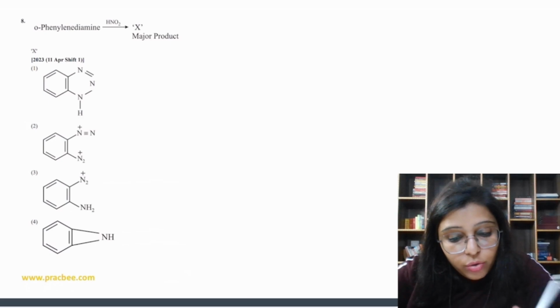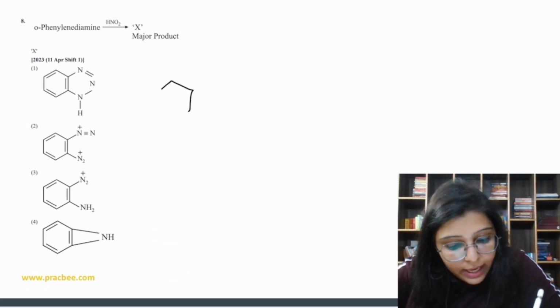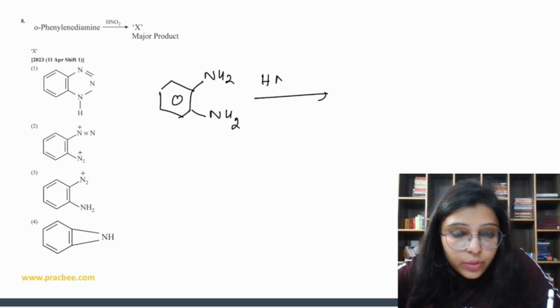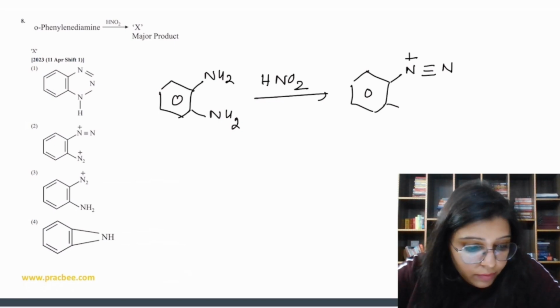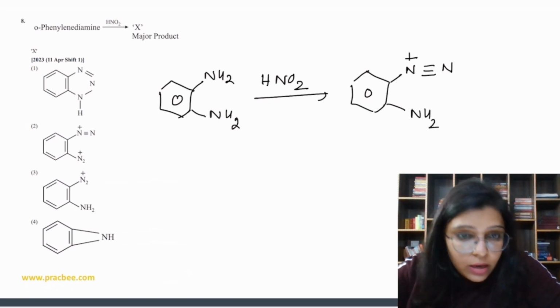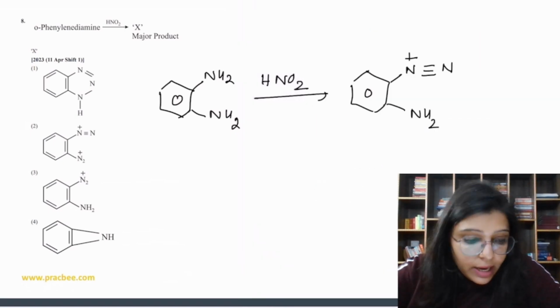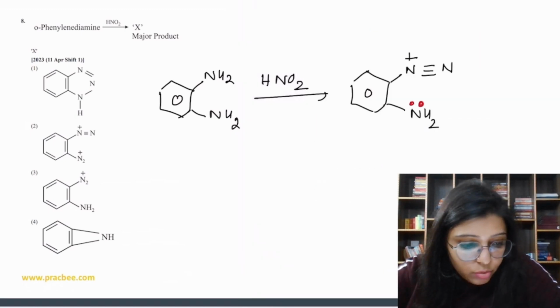We have orthophenylenediamine, which means we have NH2 and NH2. On reaction with HNO2, what happens? We are going to form a benzene diazonium salt. So we get N double bond N, and this other NH2. Now intramolecular attack is going to happen. So this nitrogen lone pair attacks over here and the electron of this bond shifts to nitrogen.